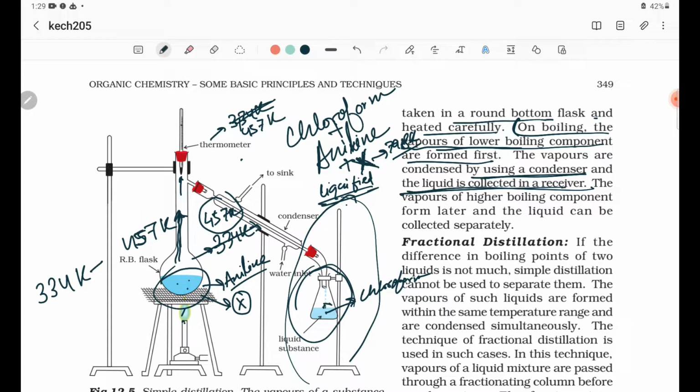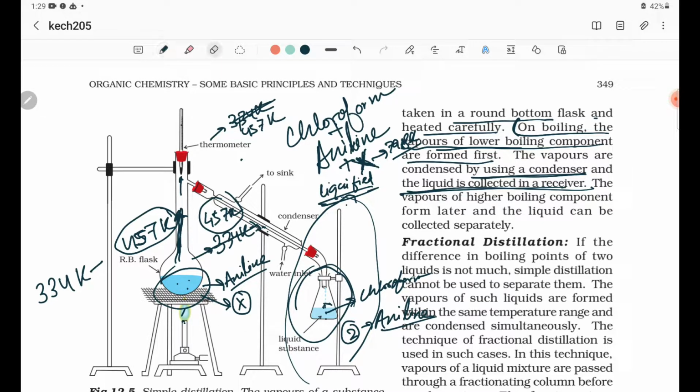Now again we have started heating, and it has reached 457 K. Vapors are coming again from the condenser, getting cooled, and collecting in the receiver. In the second receiver we get aniline, and whatever is left is the compound X.